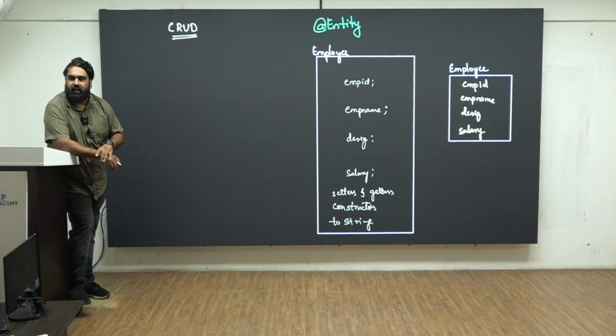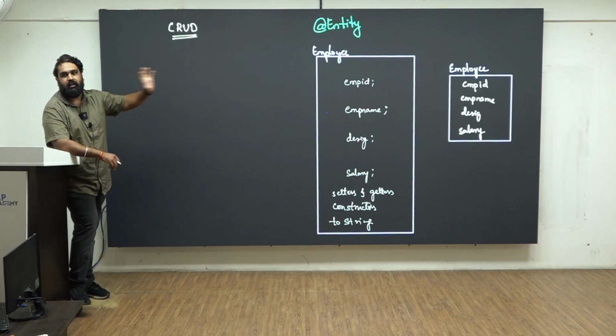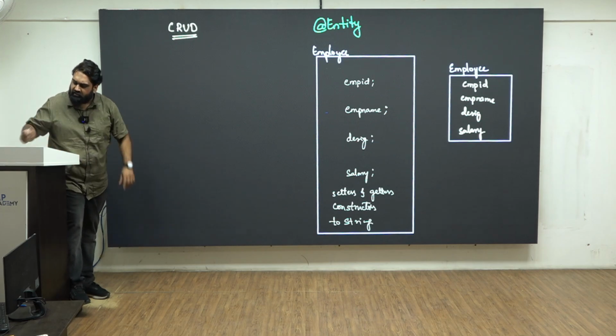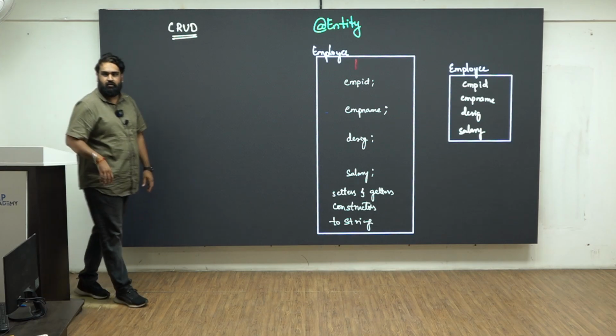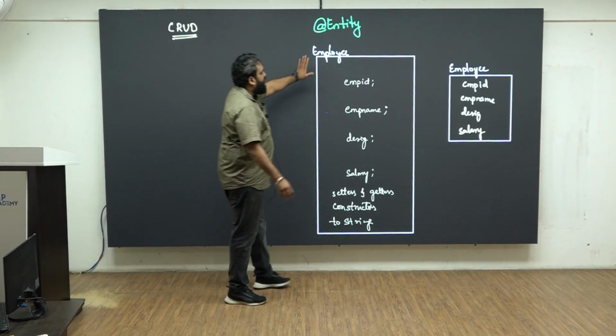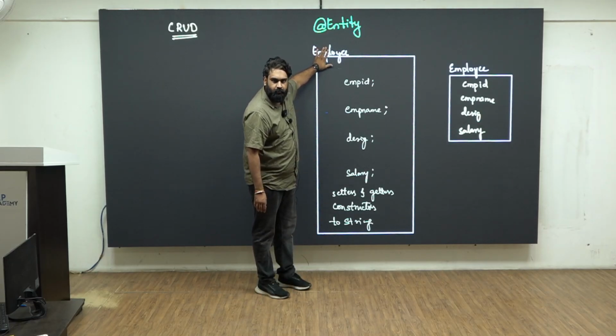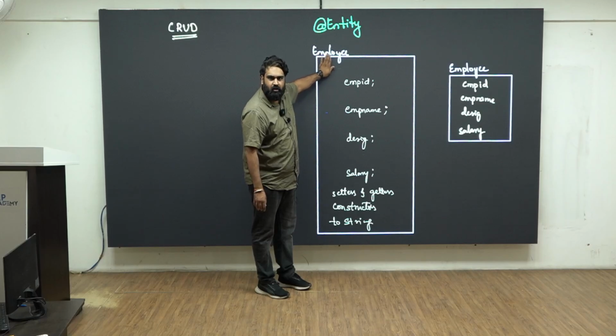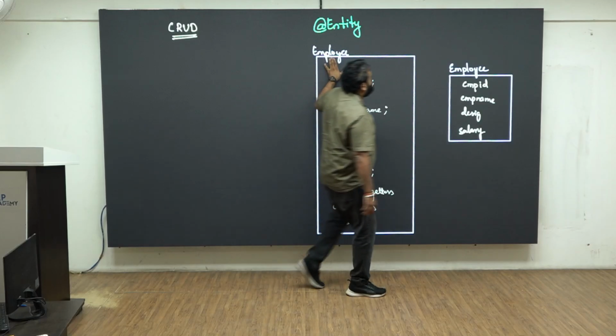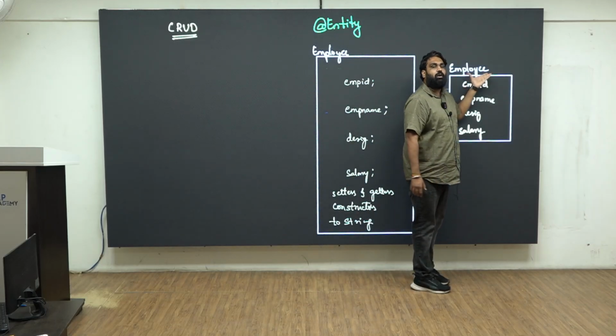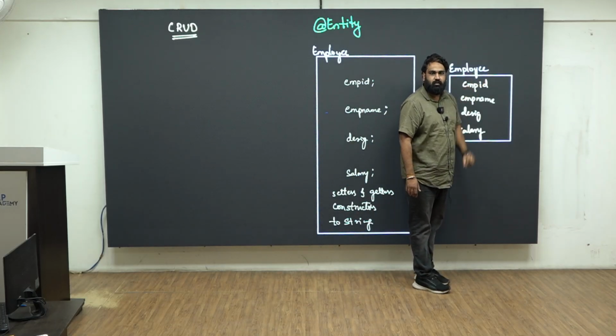What does @Entity indicate? It is an entity class. What is this entity class going to do, sir? This class should be mapped to some table. Will you agree with me? Which table is this mapped to? It is mapped to a table called employee, sir.